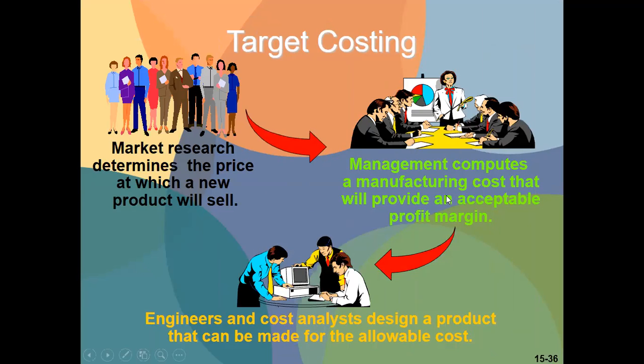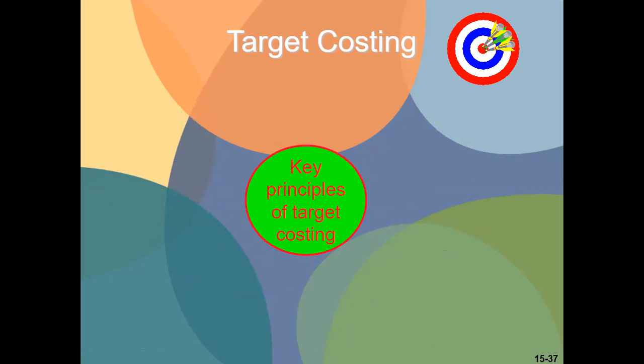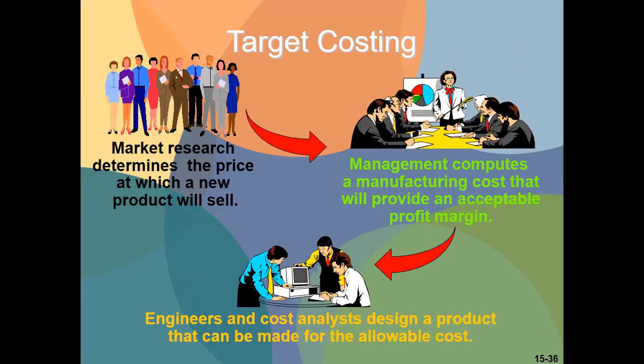Then we are going to have the costing afterwards so that we'll have an acceptable profit margin from the research of the price, market research, the cost. And then engineers and cost analysts design a product that can be made for the allowable costs. All right. So going back, we have this particular illustration then.